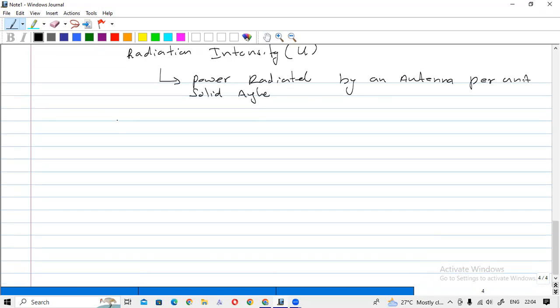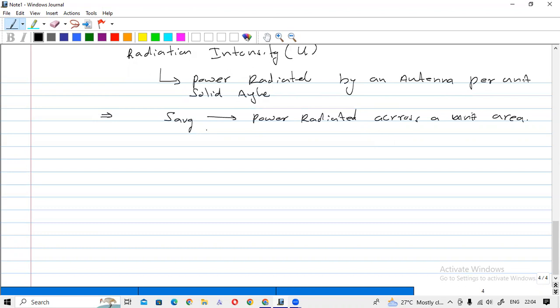Very easily we can find this. We know the average power density. What is average power density? Can you remember? That is the power radiated across a unit area.